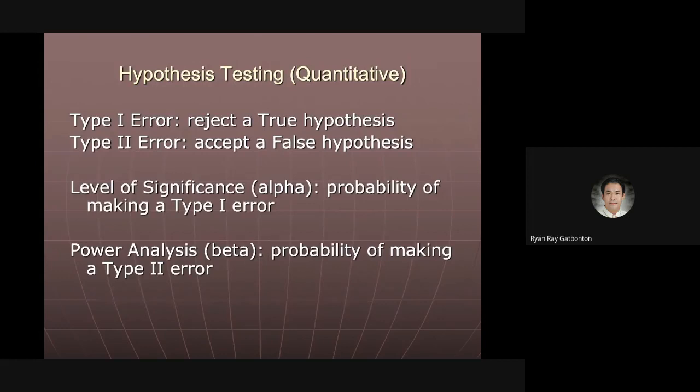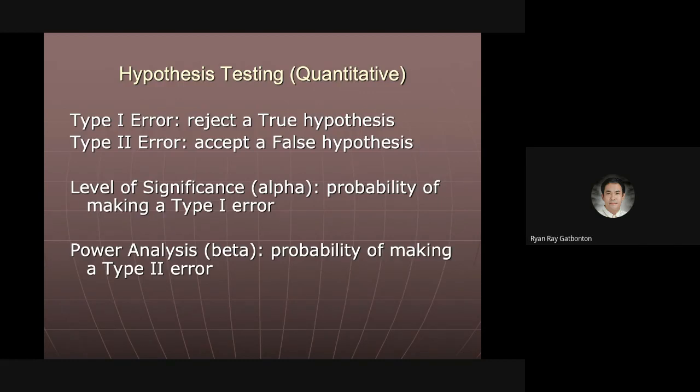Now, statistical testing is also a way to prevent type 1 and type 2 errors. Type 1 error is an error wherein we reject a true hypothesis, while type 2 error is an error when we accept a false hypothesis.